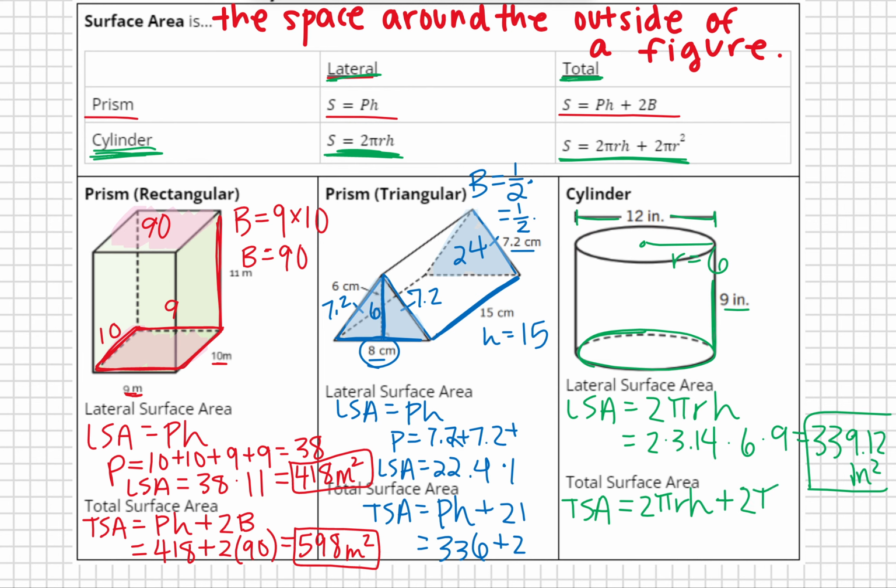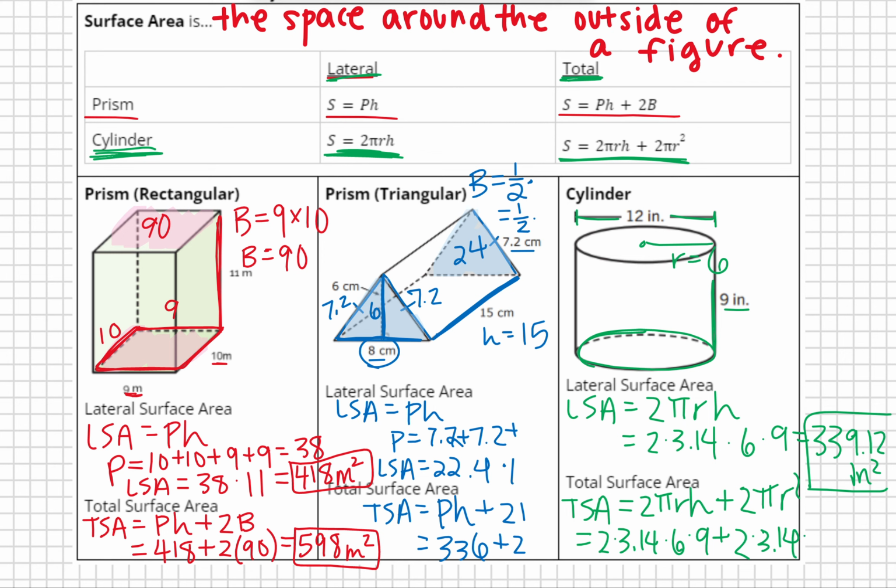We already know the radius and the height, so let's just plug everything in. 2 times pi, which is 3.14, times radius, which is 6, times height, which is 9, plus 2 times pi, so 2 times 3.14, times radius, which is 6, and then squared.